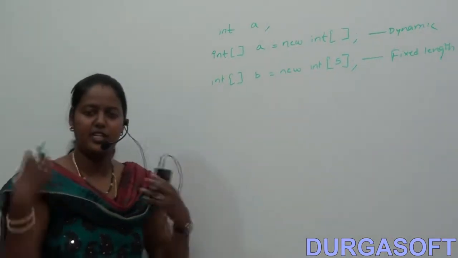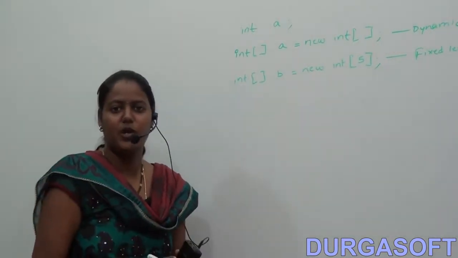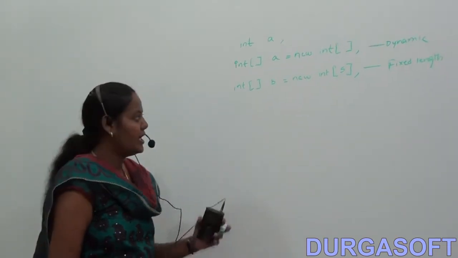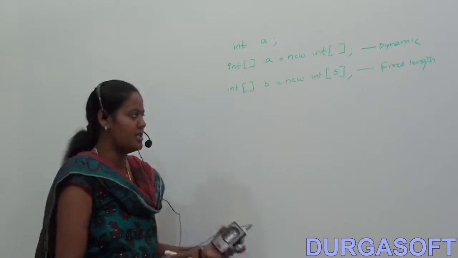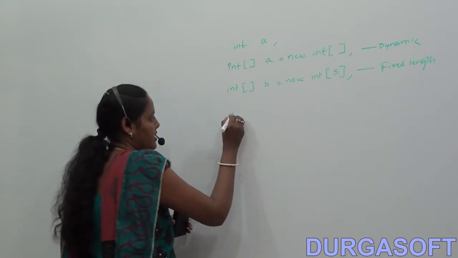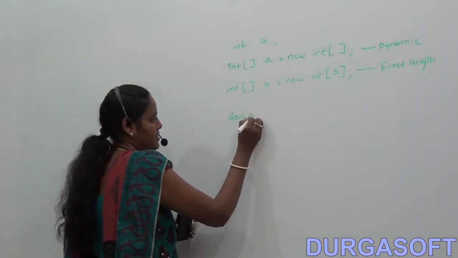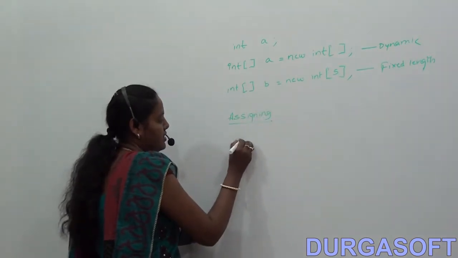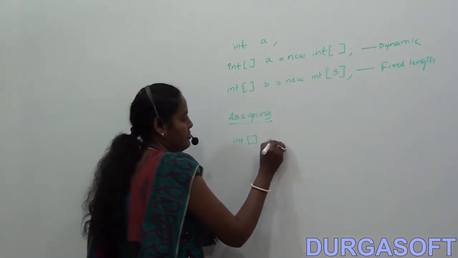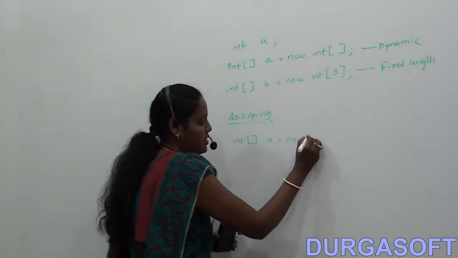After declaration of an array, you have to assign the values. You can assign the values directly, or you can assign the values in multiple steps. That is, int data type array name equal to new int.